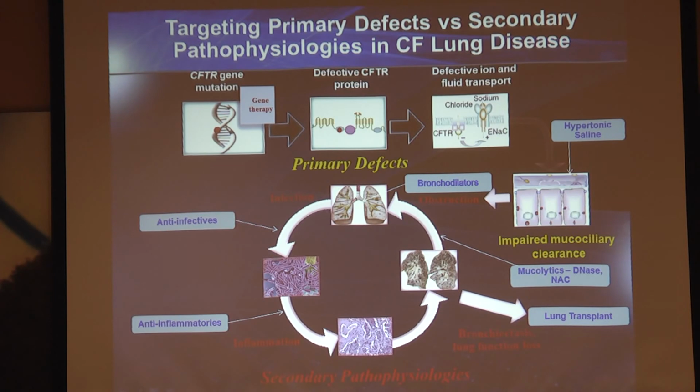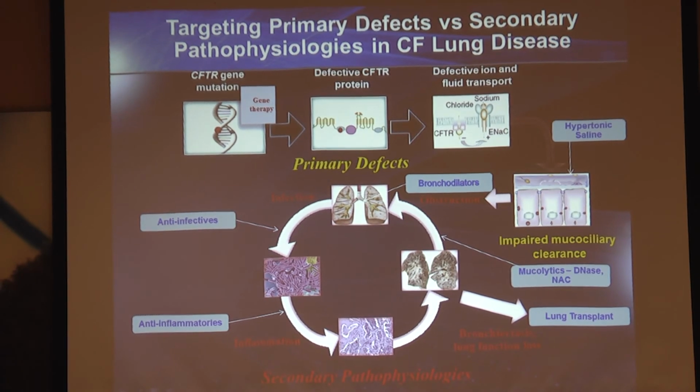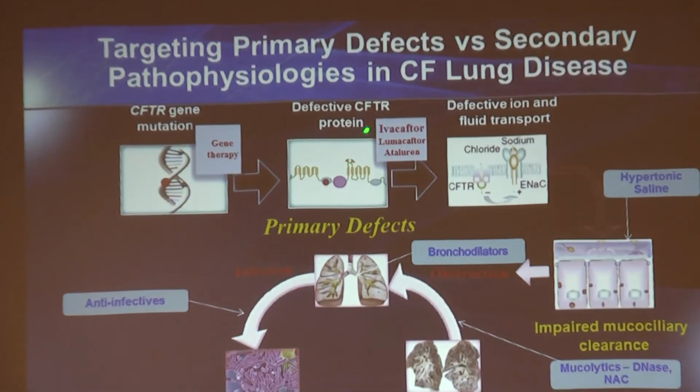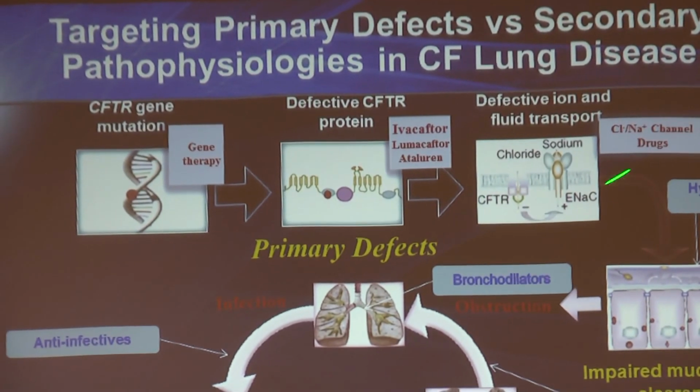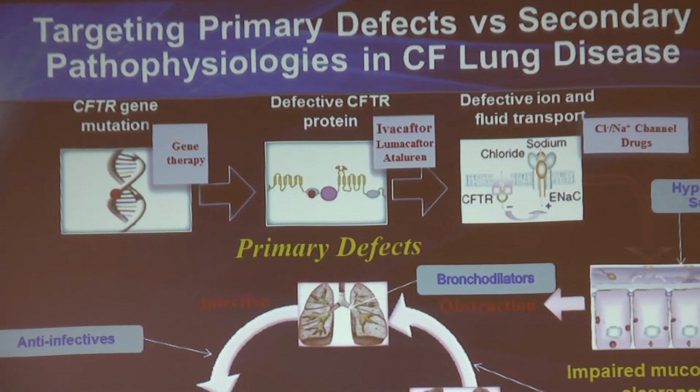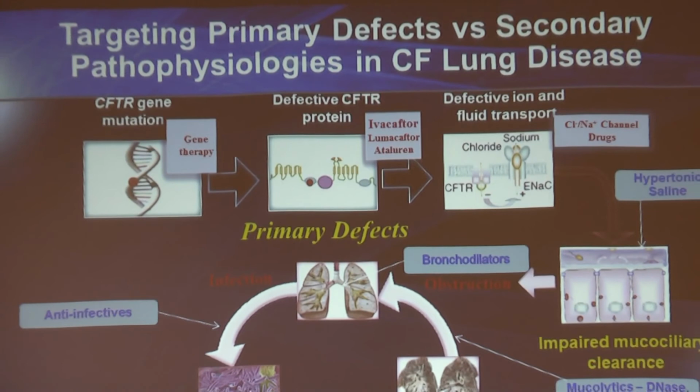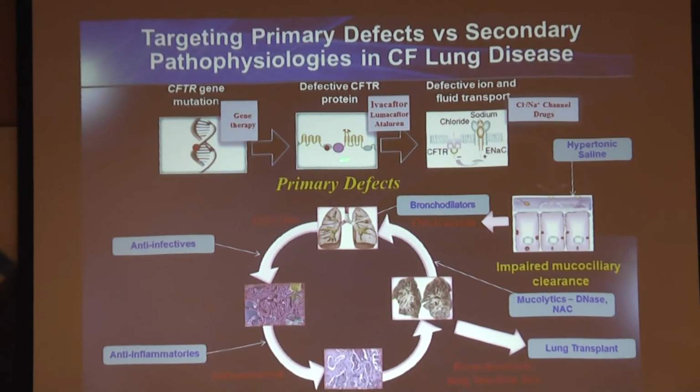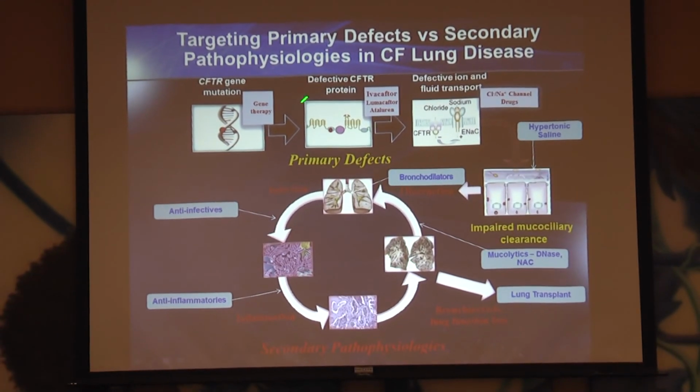Where we've moved to through research has been investigation of gene therapy, protein therapy, and ion transport therapy. And as you all know, and I think Dennis will go into some detail about this, the real area of success to date has been our ability to start to impact the function of CFTR protein directly.